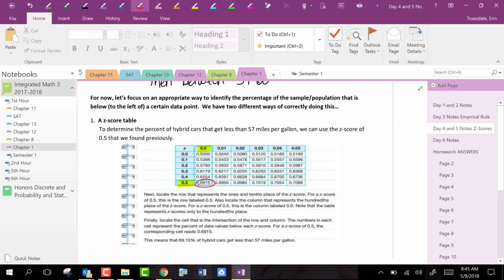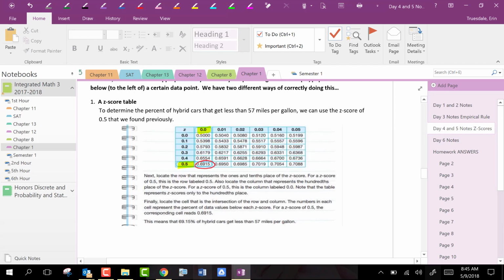Down the side gives you the tenths, and across gives you the hundredths place. We'll practice in a second. This means 69.15% of cars get less than 57 miles per gallon.